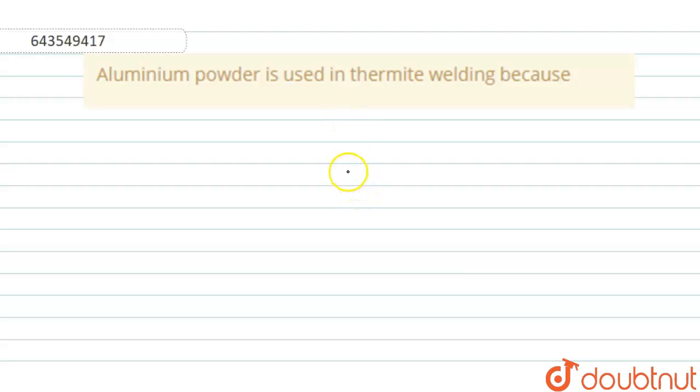Hello everyone. We have this question where we have to explain why aluminium powder is used in thermite welding. Now let us know what is thermite. The meaning of this term thermite.